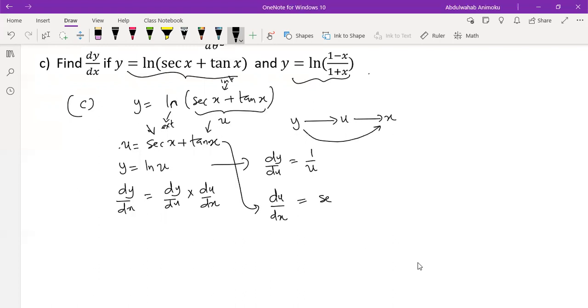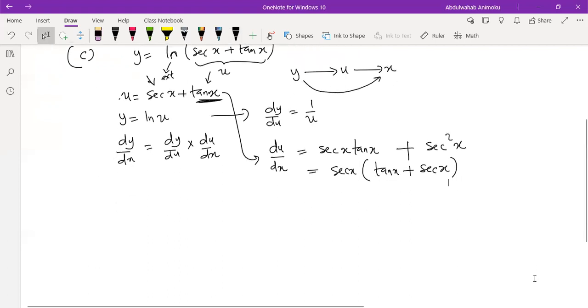We know the derivative of secant x is secant x tan x. Plus, we then find the derivative of tan x, which is secant squared x. So basically what you have here is secant x (tan x plus secant x). That is the derivative of this function, secant x plus tan x.